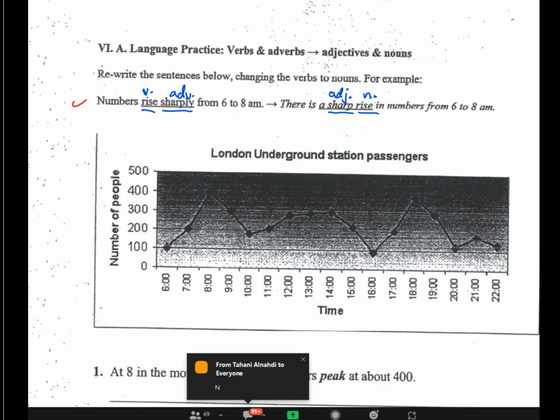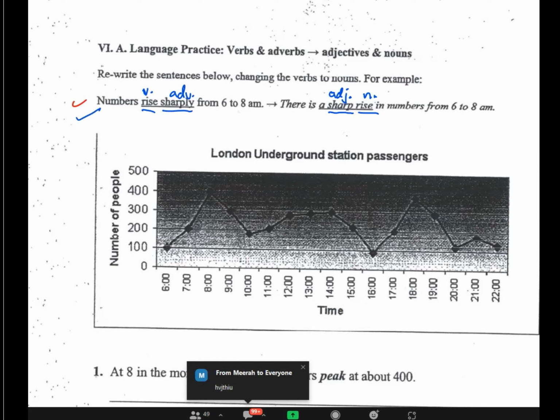Who can translate this in Arabic? There is a sharp rise. يوجد صعود حاد, ارتفاع حاد. So, rise is صعود or ارتفاع. Sharp is حاد. So, rise is a noun. ارتفاع in Arabic is a noun, not a verb. The verb is يرتفع.